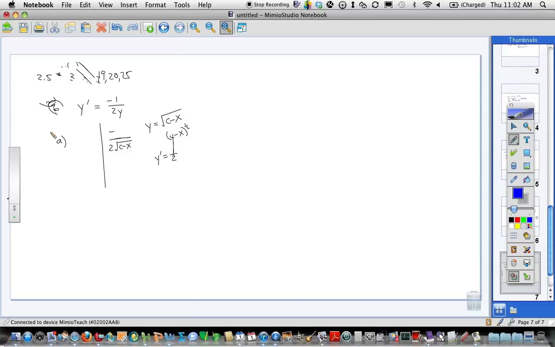1/2 c minus x, the inside never changes, to the negative 1/2. That'll be negative 1/2, and there's one little thing you got to do. Remember when we had that 2 inside the sine that was multiplied by the x, and we said you got to kick out a 2? There's a negative 1 multiplied by the x inside there.